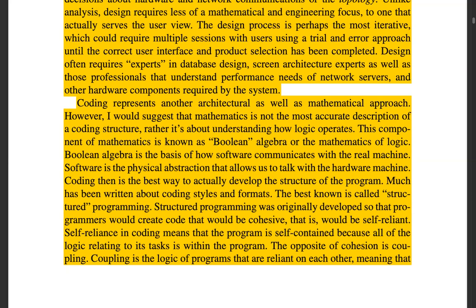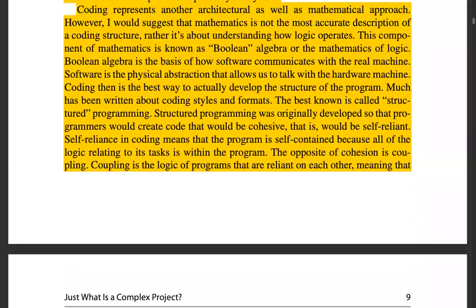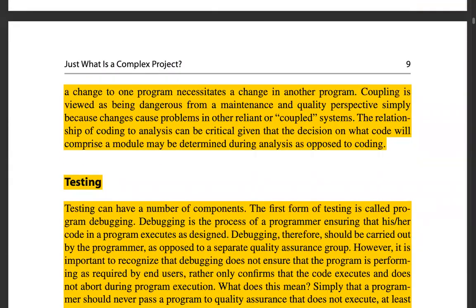Coupling is when programs are logically reliant on each other, meaning that a change to one program necessitates a change in another program. So coupling is viewed as being dangerous from a maintenance and quality perspective, simply because changes cause problems in other reliant or coupled systems. The relationship of coding to analysis can be uncritical, given that the decision on what code will comprise a module may be determined during analysis as opposed to coding.